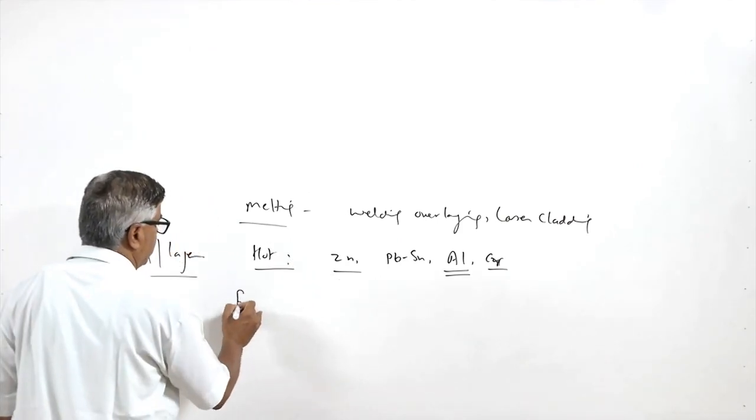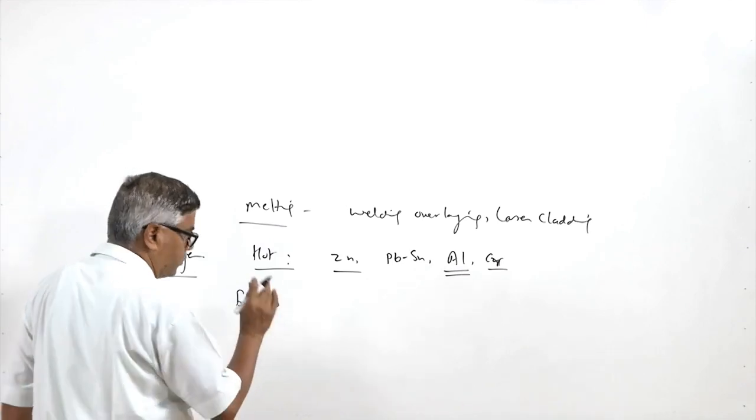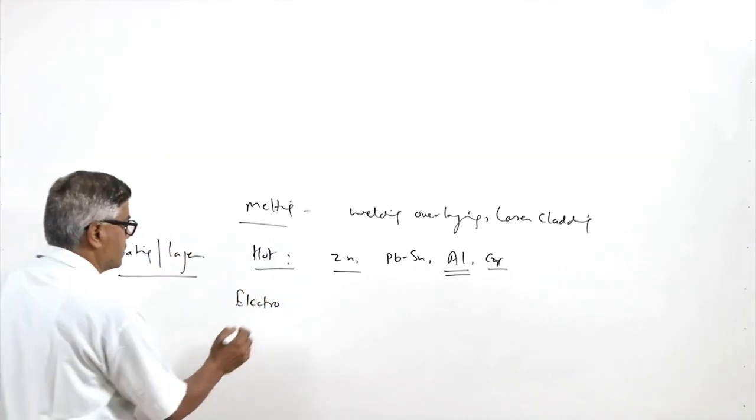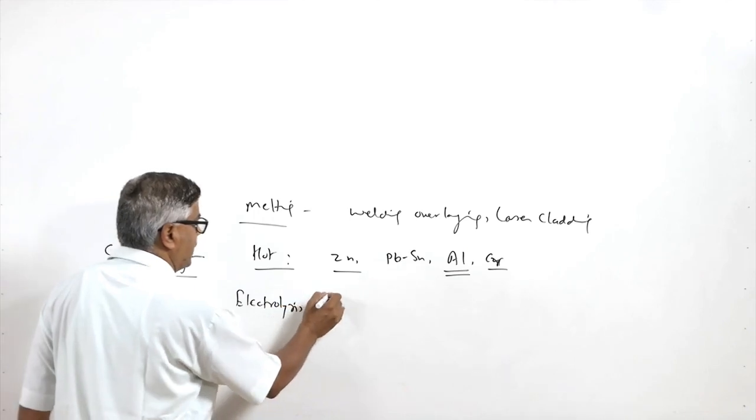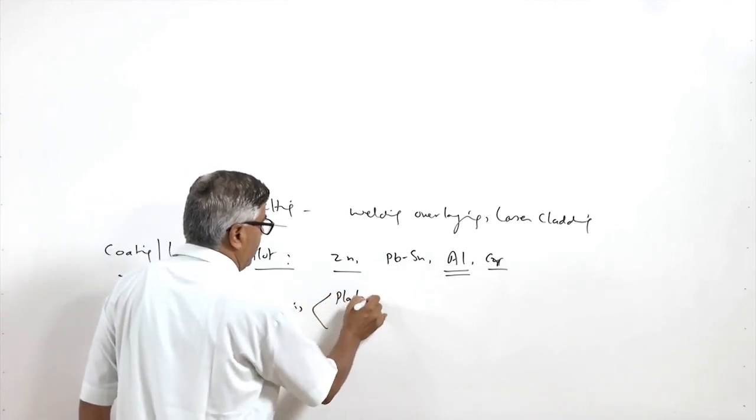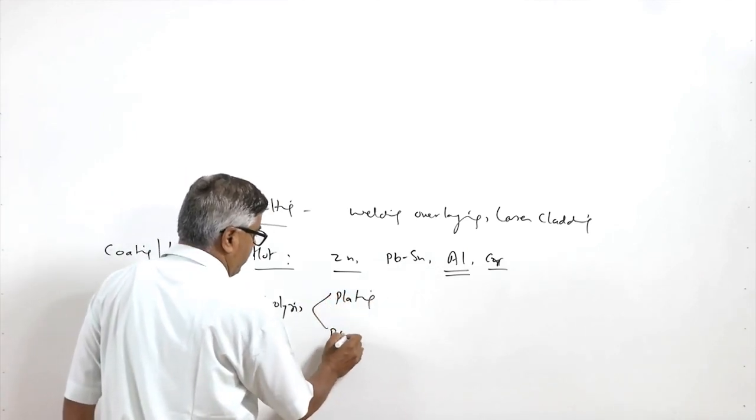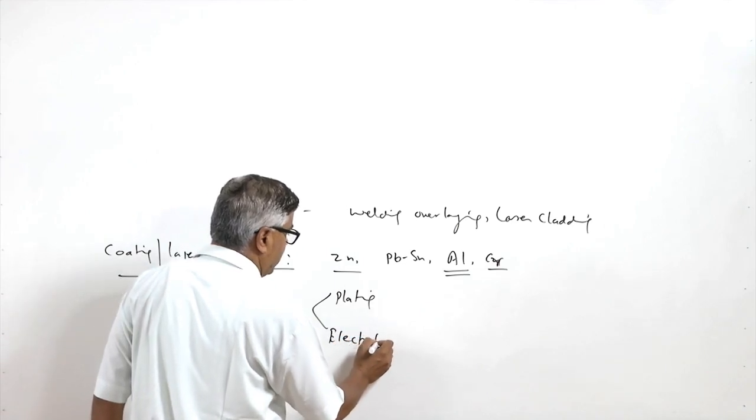Then we have electrolysis based methods. There are two broad categories of electrolysis based methods: one where electroplating is carried out, and another where electroless coating is carried out.